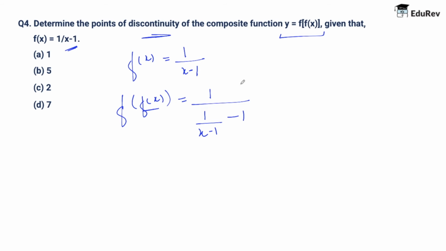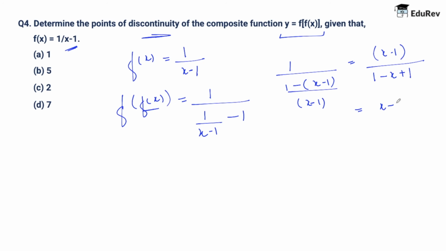1 upon x minus 1, minus 1, right? So when I solve this function, it will be 1 upon 1 minus x minus 1 upon x minus 1, and this will be equal to x minus 1 upon 1 minus x plus 1. So this will be equal to x minus 1 upon 2 minus x.